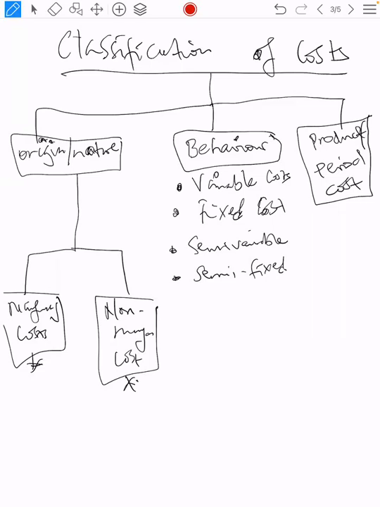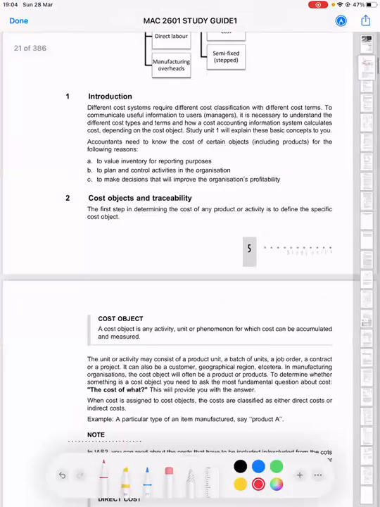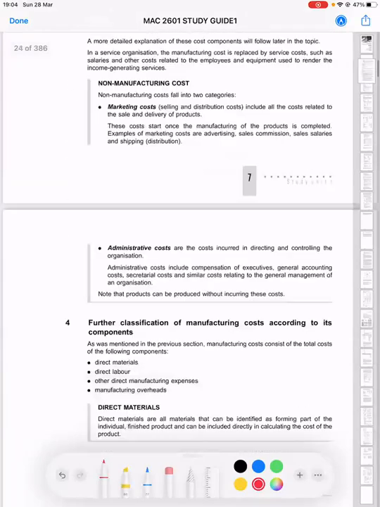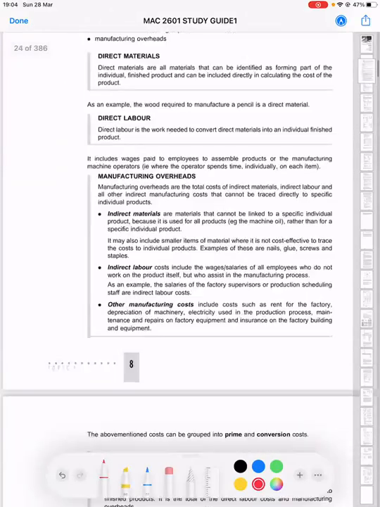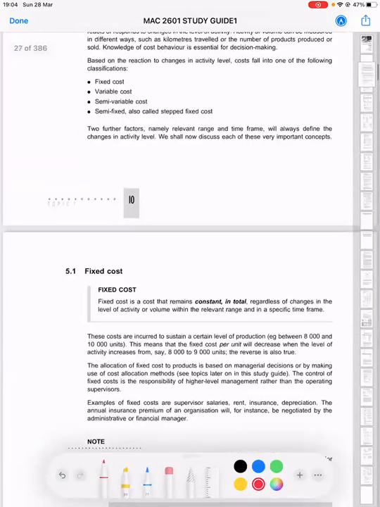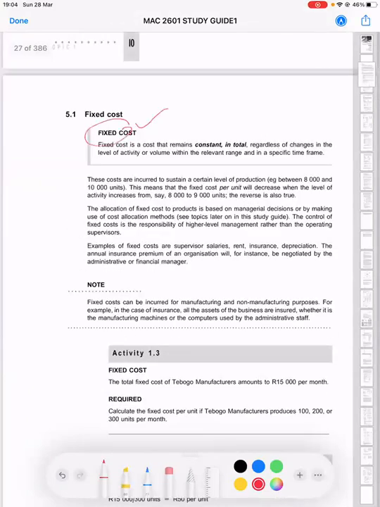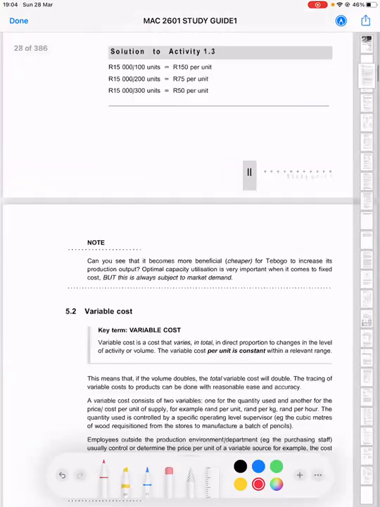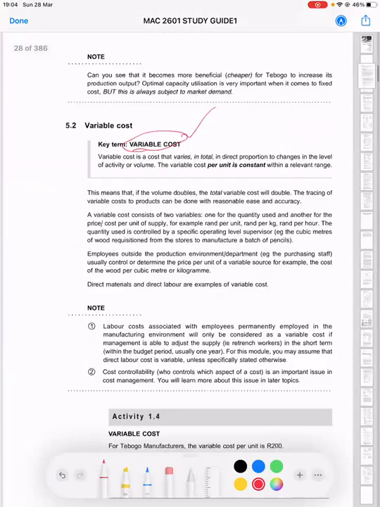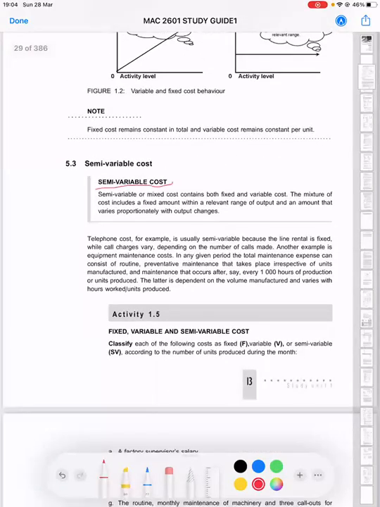Now let's talk about the last two, good people. The last two now, their description is as follows. Semi-variable cost. Now here is the semi-variable cost.